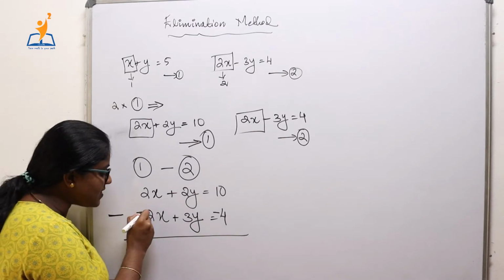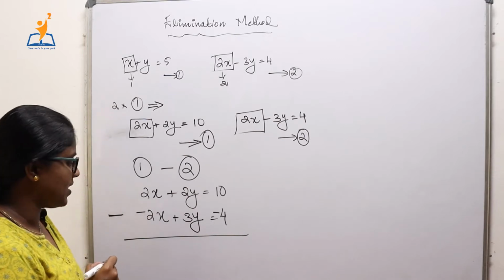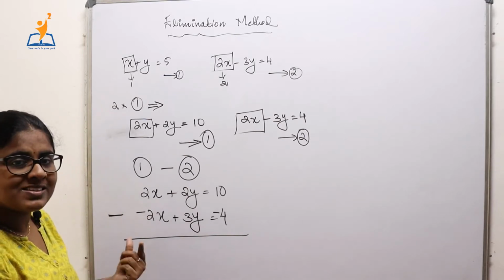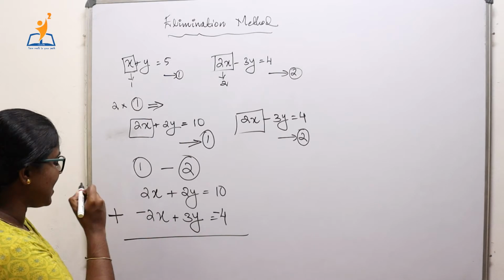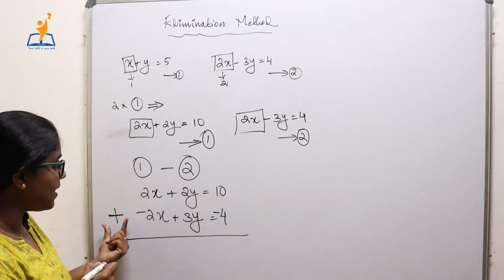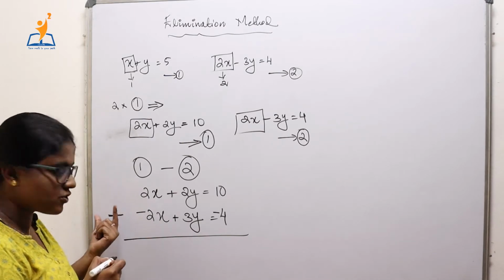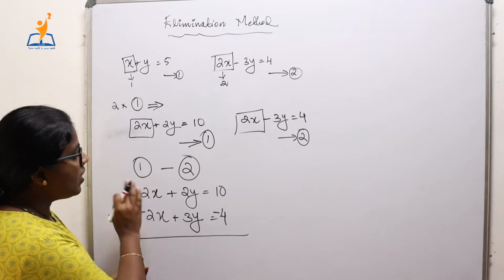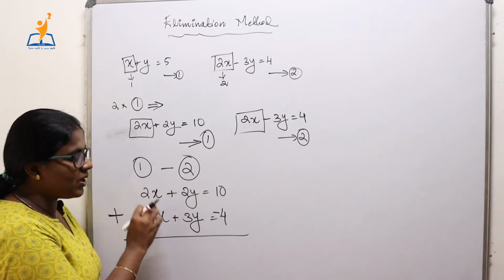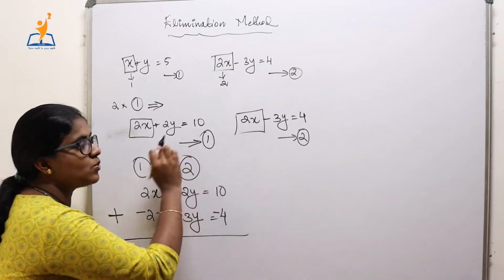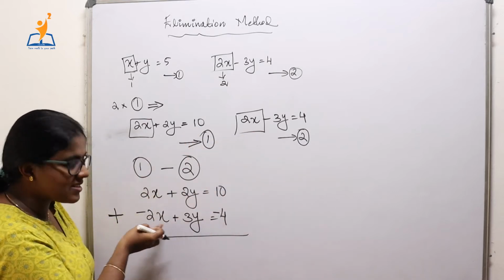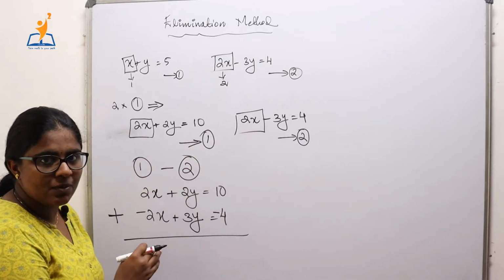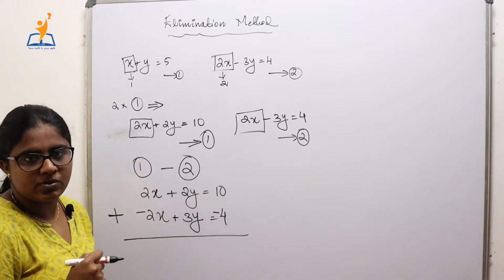I am going to change the sign to minus 2x. So now it is only enough to change this sign, that is subtraction will get changed to addition. So in order to subtract these two equations, I changed the signs of the second equation and then add both the equations.